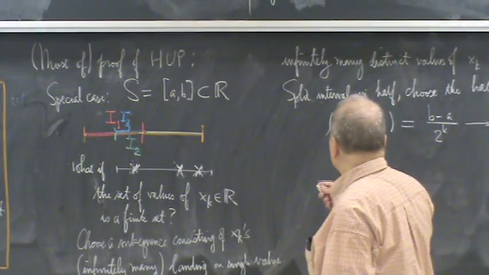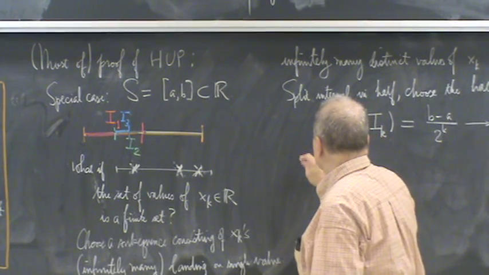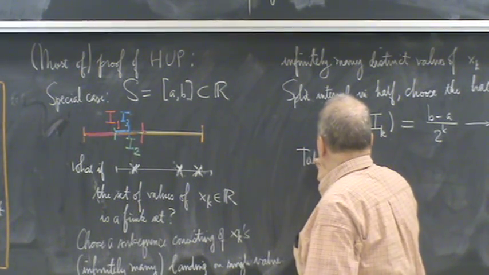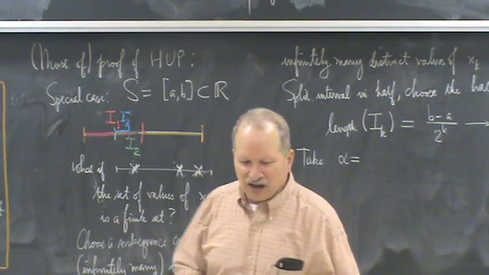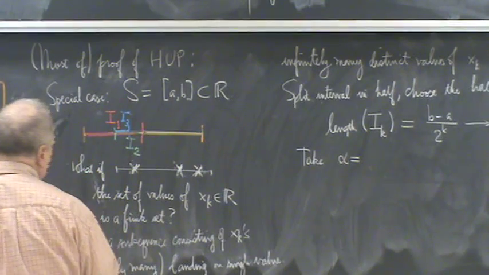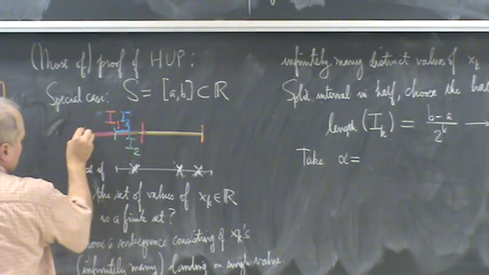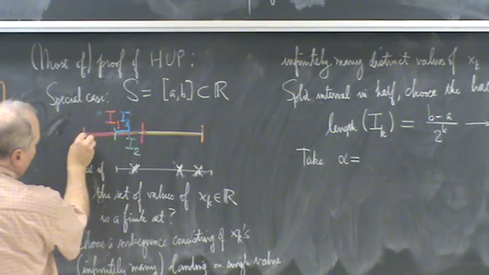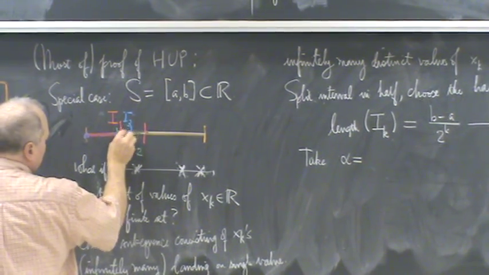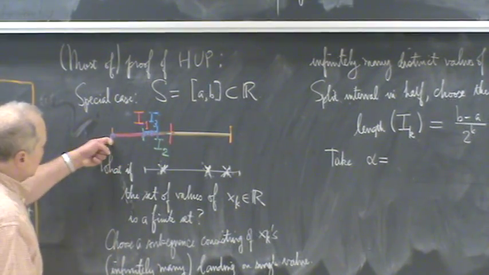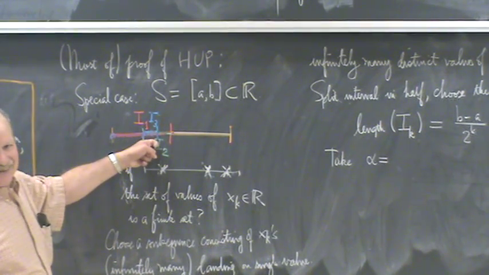How can I actually get that point? Well, take alpha by following the left endpoints of these intervals. Here you are at the left endpoint of I1, left endpoint of I2, left endpoint of I3, left endpoint of I4. Notice that these actually keep getting bigger.